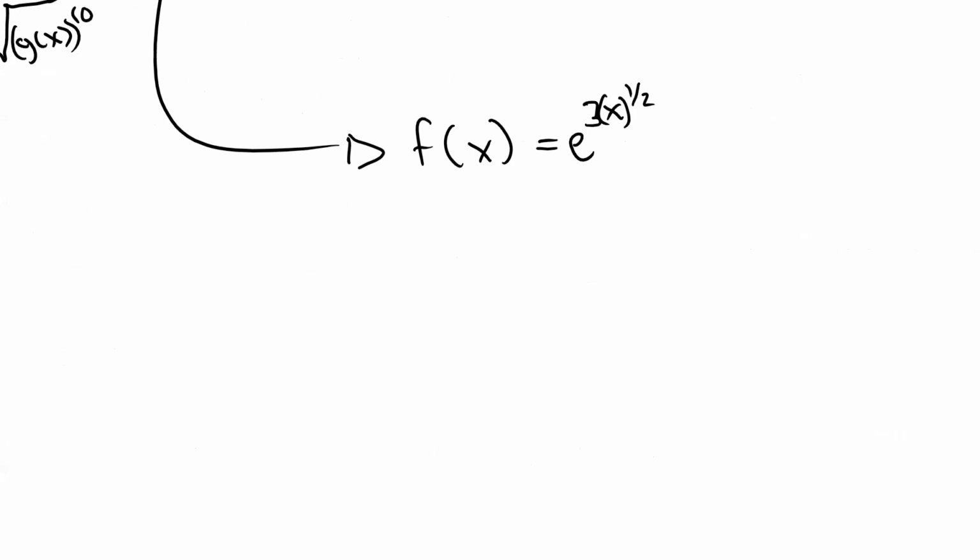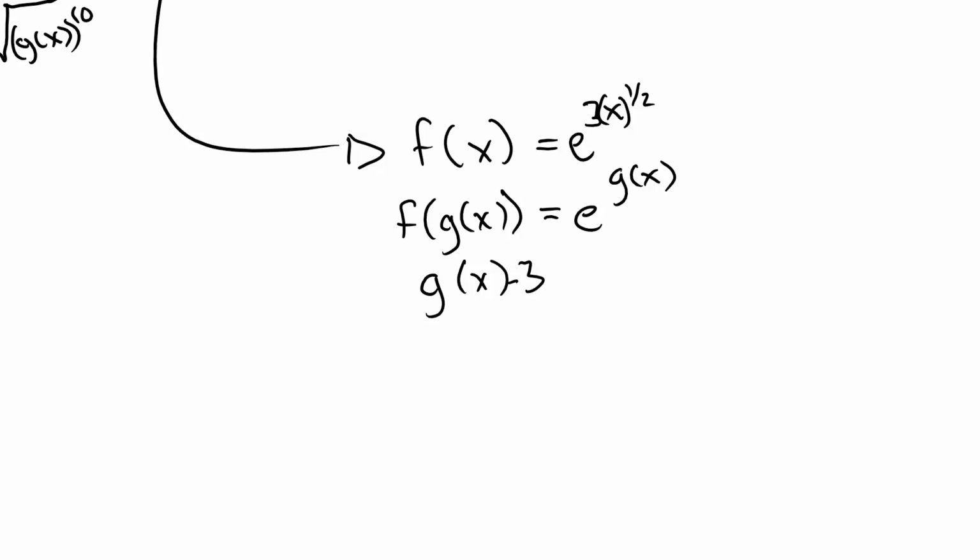Okay, so we've got f of g of x, where our inside function is that exponent 3 times x to the 1/2. Derivative of e to the x is e to the x. That guy stays the same.